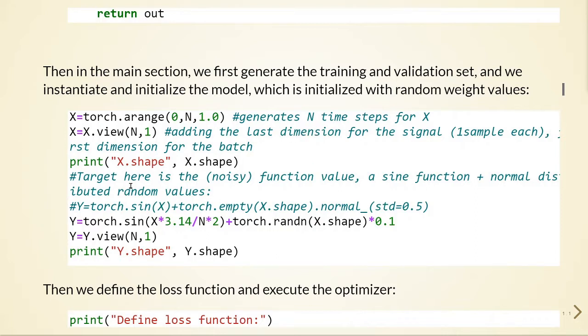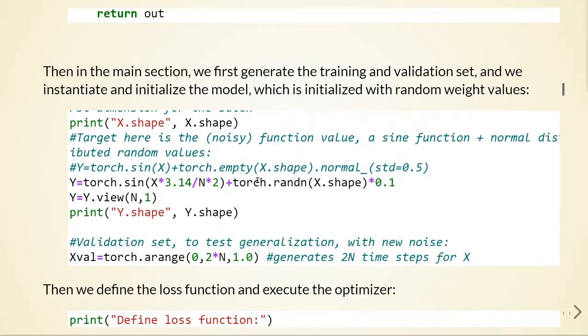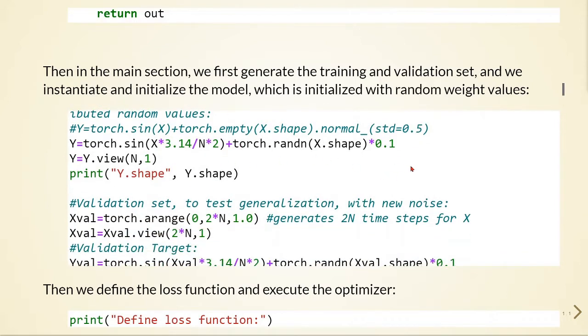Then we are creating the target, that here is a noisy function value, so it's sine function plus normally distributed random values, and this is what we are doing here. And we are also reshaping our target. This is our training set.